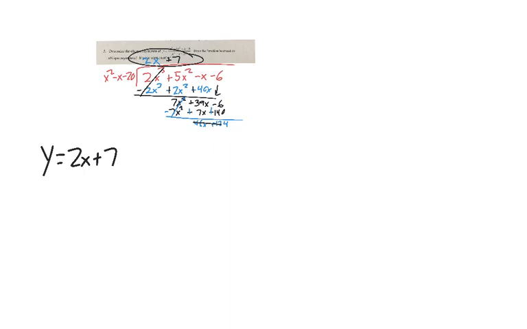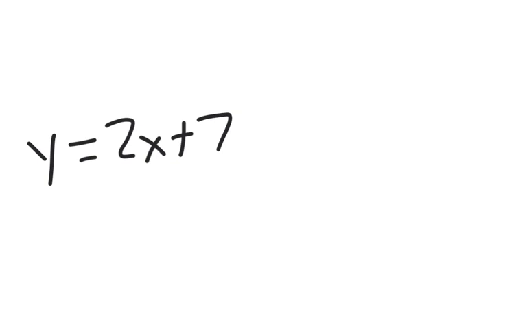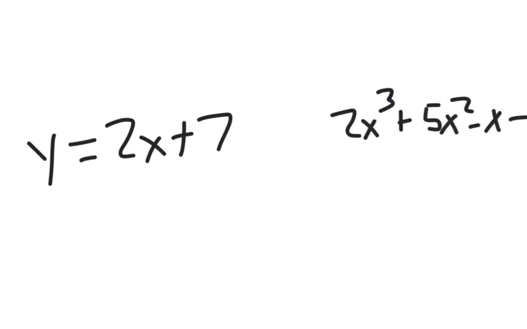Nope. Okay, so if I go to the other page, I'm wanting to know, where does the oblique asymptote y equals 2x plus 7 intersect the graph, which was 2x cubed plus 5x squared minus x minus 6 over x squared minus x minus 20.